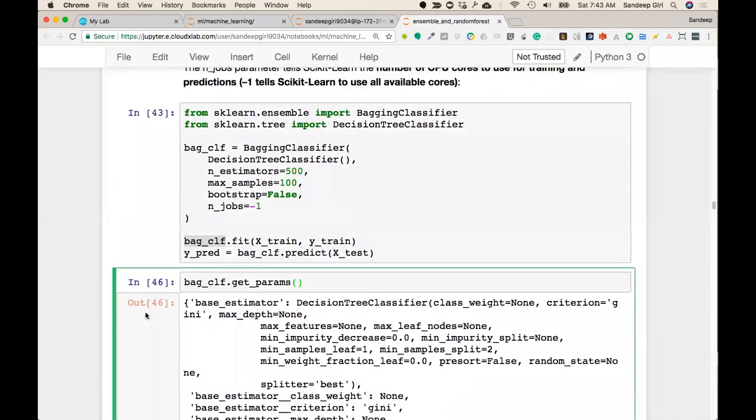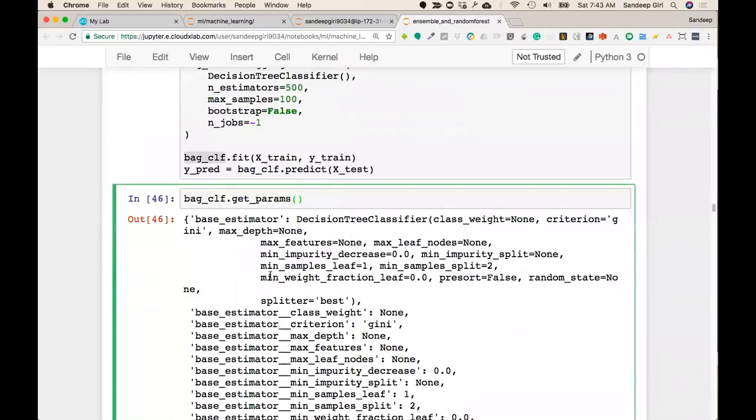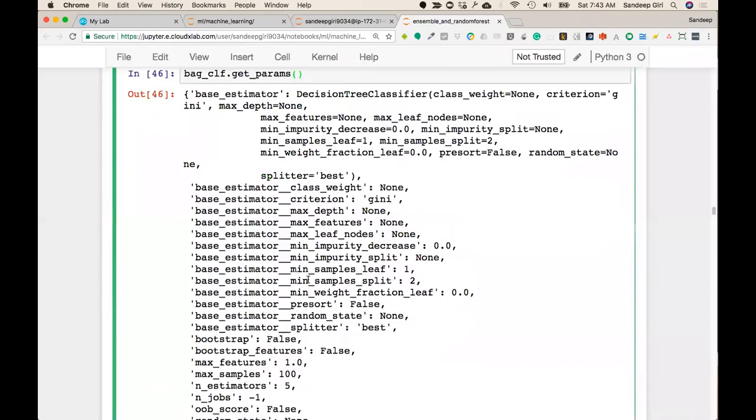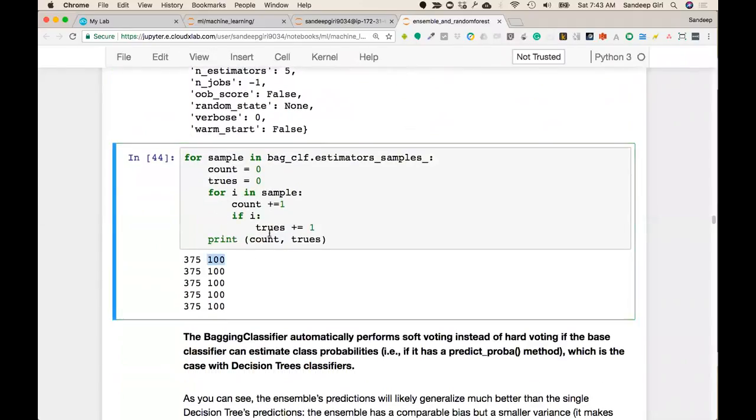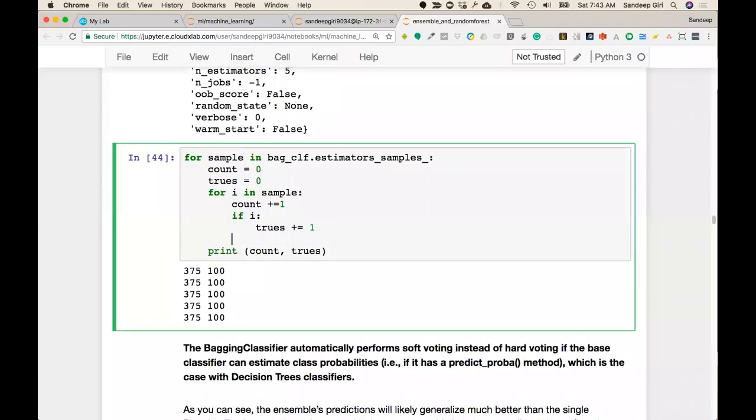So here the important part that we talked about is how to figure out how many instances, how many trues were there in each of them.